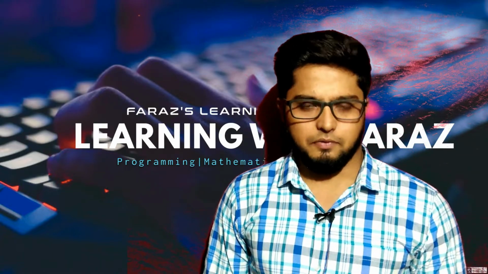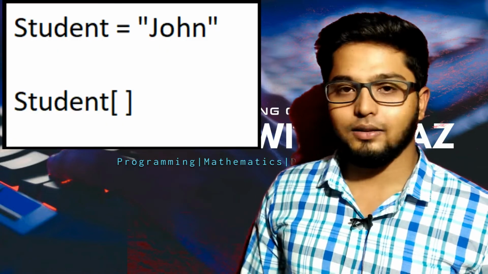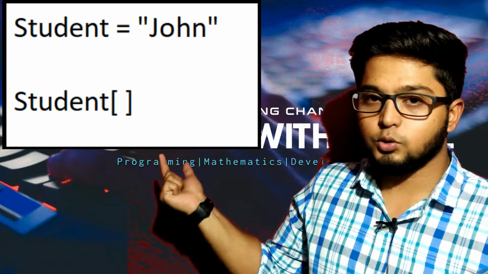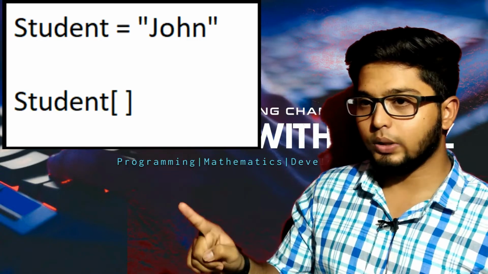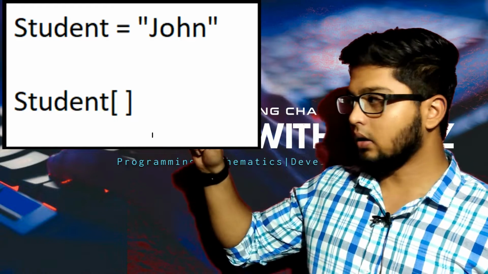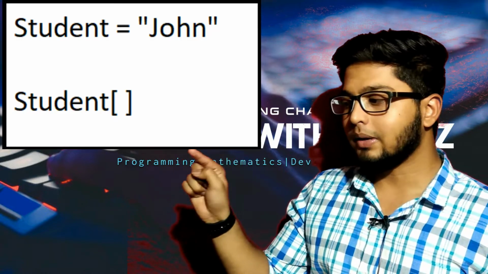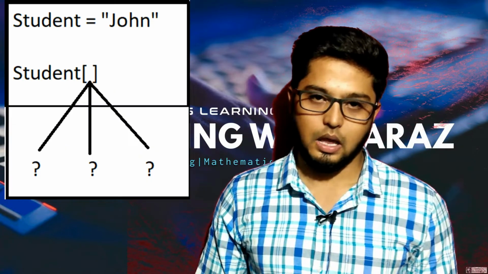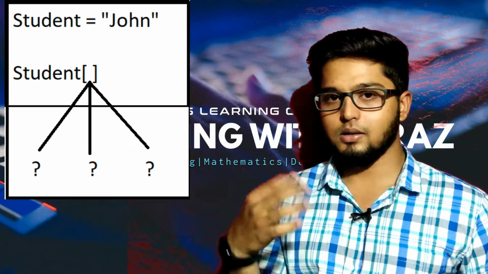Now for example, I have made a string called student. I take student equal to John. In the next step, if I take student and open a square bracket and close the square bracket, within that square bracket there are three possibilities that you could take.